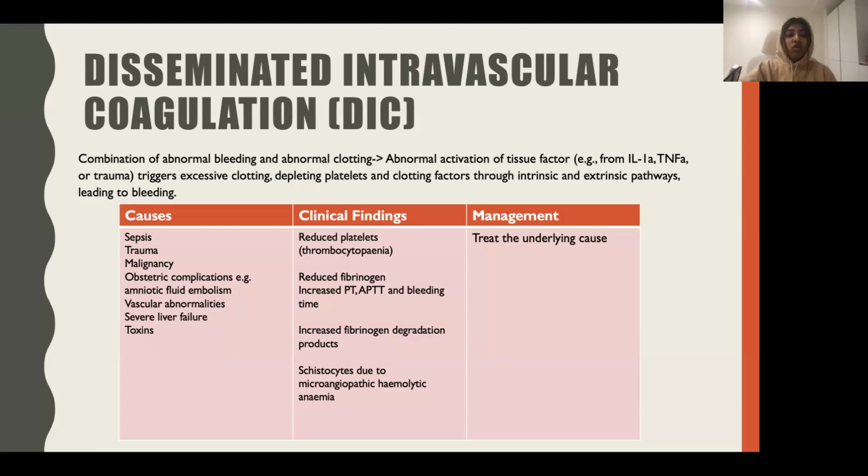The causes are sepsis, trauma, malignancy, obstetric causes, amniotic fluid embolism, vascular abnormalities, severe liver failure, and toxins. Mainly sepsis, trauma, and malignancy are the main causes.